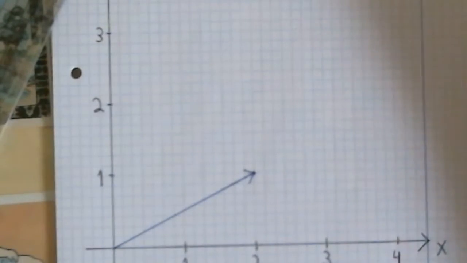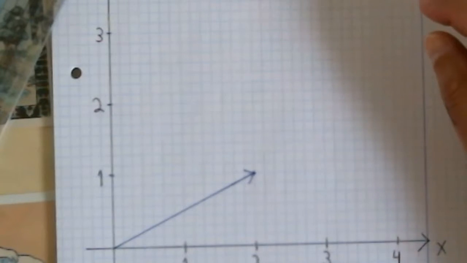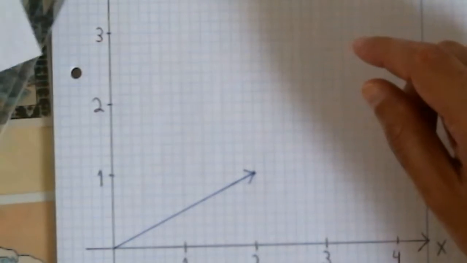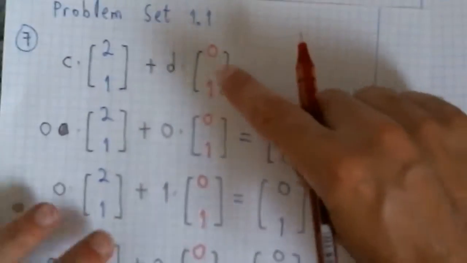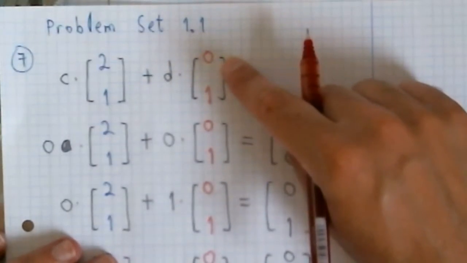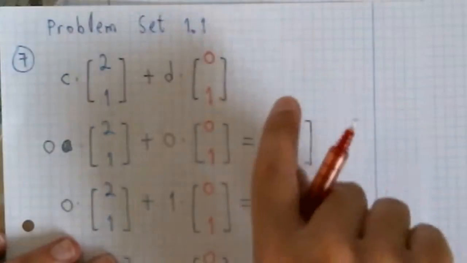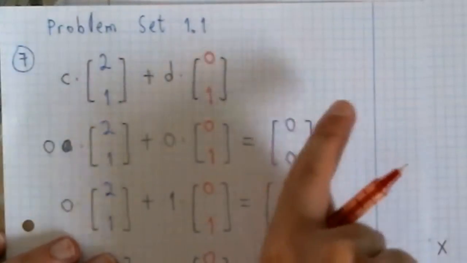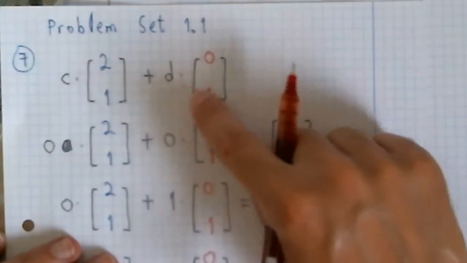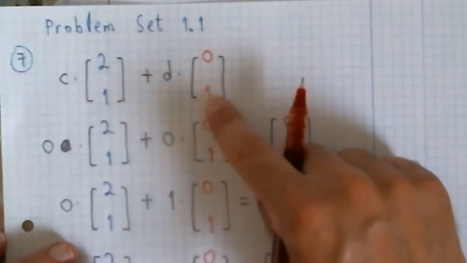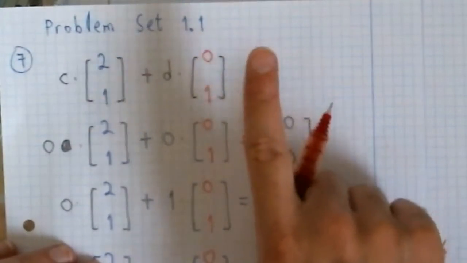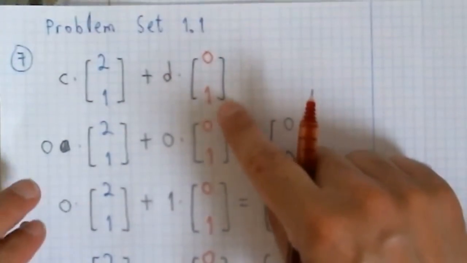The red arrow, which is the red vector, is 0 in the x, so 0 to the right, no going to the right at all, and 1 in the y coordinate. Okay, so 1 step upwards.